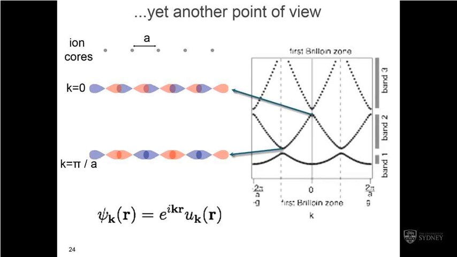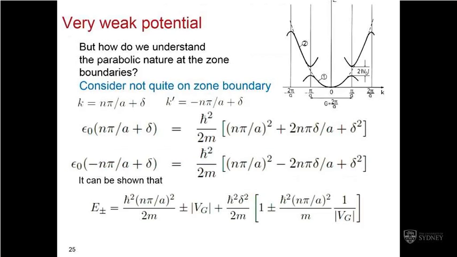There's one other aspect that we want to understand, which is going back to the perturbation theory and the result that we get an opening of the band gap at the zone boundaries. It has a parabolic shape, like this, and we want to try and understand why and how that comes about.